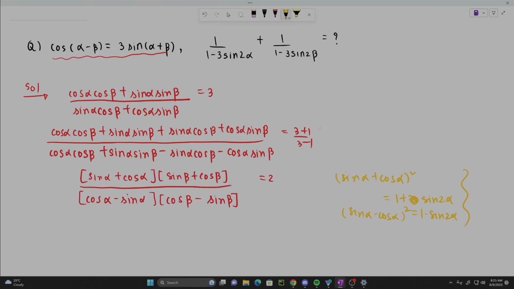So these are the two properties I'm going to use here. So when we square this, we just get a pretty normal 4 here, and we get 1 plus sine 2 alpha times 1 plus sine 2 beta upon 1 minus sine 2 alpha times 1 minus sine 2 beta over here.